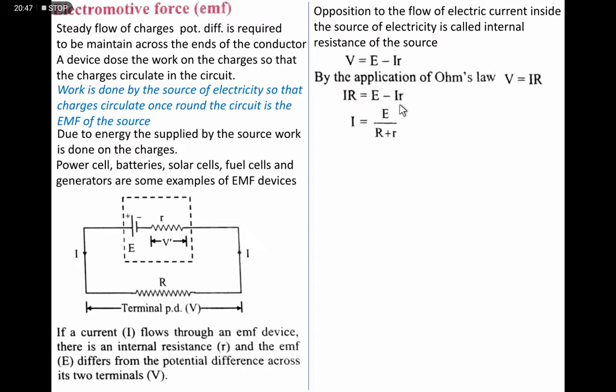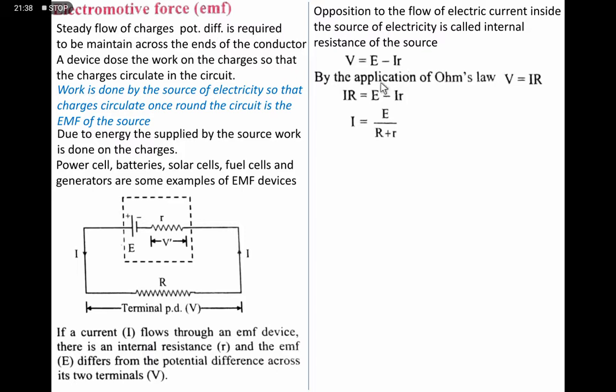Even here you can determine the internal resistance of the source. How can it be determined? See, taking this minus Ir to this side and V to this side, this becomes capital IR is equal to E minus capital V. Then small r is equal to E minus V by I. Even you can write this Ir is equal to E minus I capital R, and if it is divided by small r, we get current.